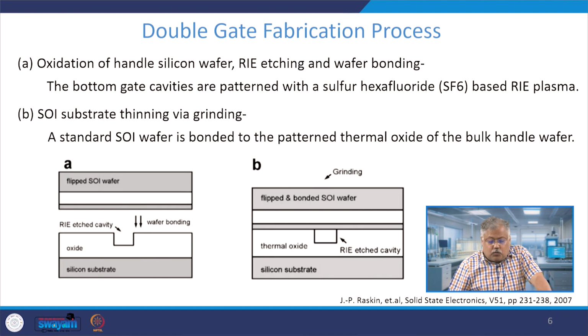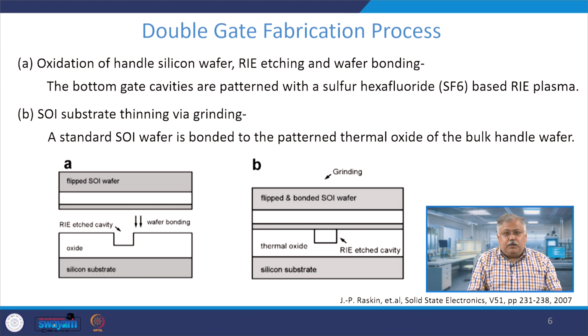So, let us go one by one quickly across the double gate fabrication process. The fabrication process is primarily divided into 2 parts. The first part is the pre-processing, and the second part is the CMOS process flow. Pre-processing implies that you first thermally oxidize the material and so on. Following this, you create bottom gate cavities.